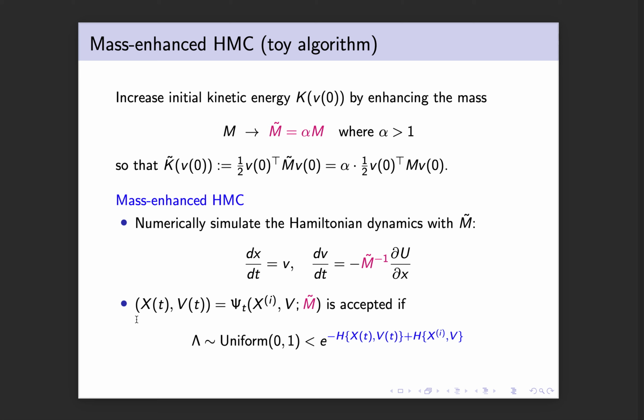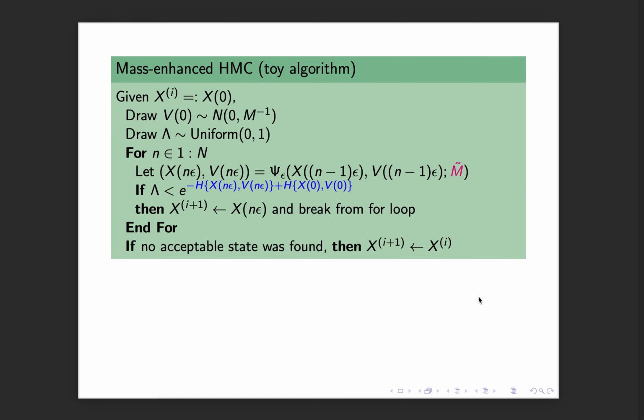The proposed candidate xt is accepted if a uniform random number is less than the ratio of the extended target distribution, where this acceptance criterion depends on the original Hamiltonian H that involves the unaltered mass M. Here is the pseudocode of this toy algorithm, which is the same as the pseudocode for standard HMC, except for two differences.